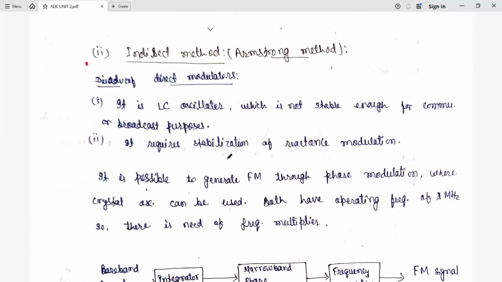In the case of the indirect method, we are able to overcome the disadvantages of the direct modulators. The direct method uses an LC oscillator, which cannot be stable enough for communication and broadcasting purposes. That is another problem, and we also require stabilization of the reactance modulators. This was the problem with the direct method.